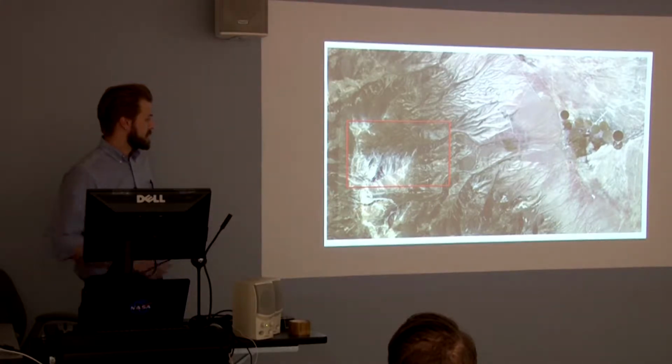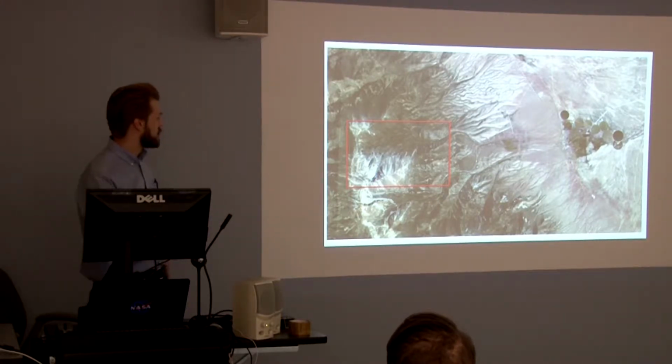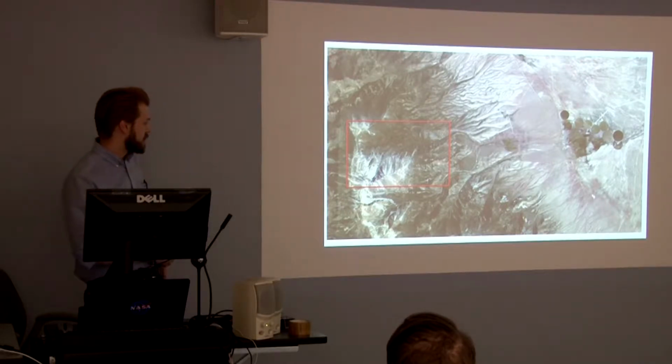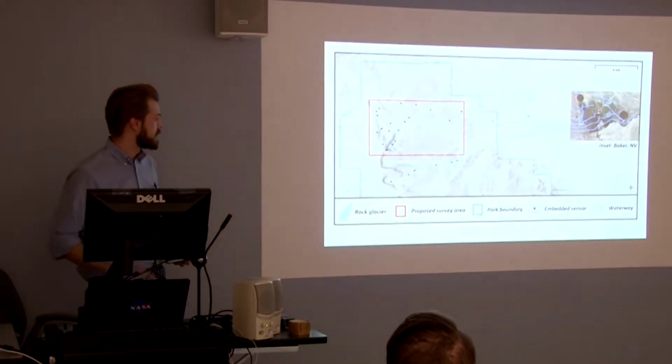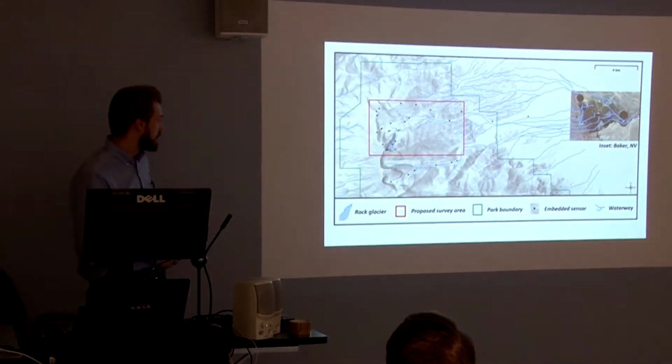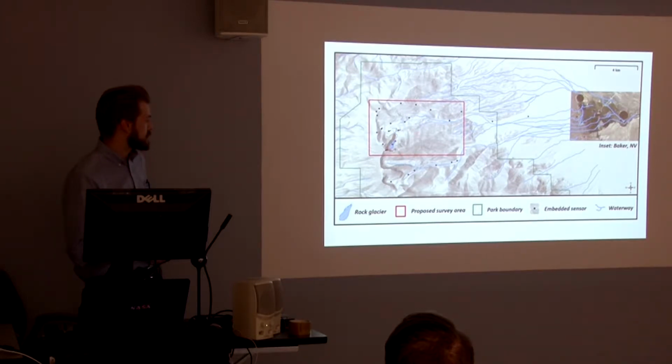So this is an overview of the Great Basin area, but really what this is showing is that this town out here is in a very dry area. To clarify this a bit, you've got these mountains here, Wheeler Peak, about 13,000 feet. This is the town of Baker. And you've got a lot of these hydro resources originating in the park.